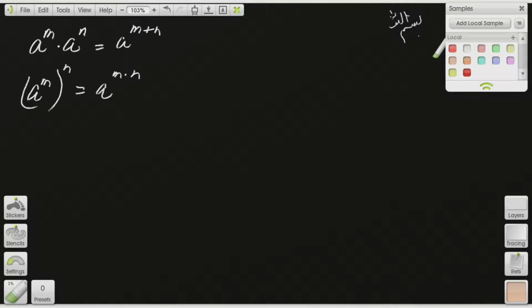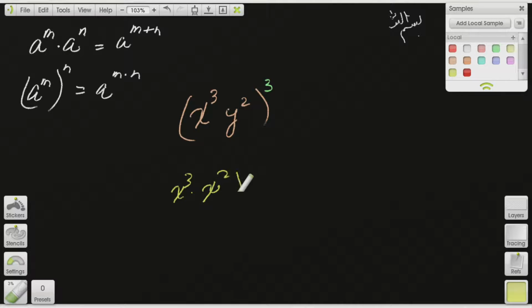And then there's the third rule here. Now, look at this. X cubed times y squared, all to the exponent of 3. Now see here, these are different, right? I didn't say x cubed times x squared, something like that.